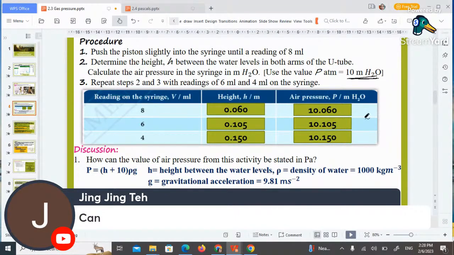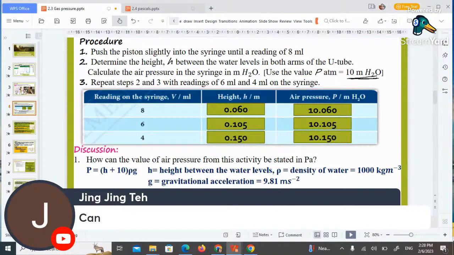So what is the air pressure? As mentioned already, atmospheric pressure plus H. So from here, 10 meter water plus 0.06, we get 10.06. This one, 10 meter water plus 0.105, we get 10.105. And then the last one, 10 meter water plus 0.15, 10.150.